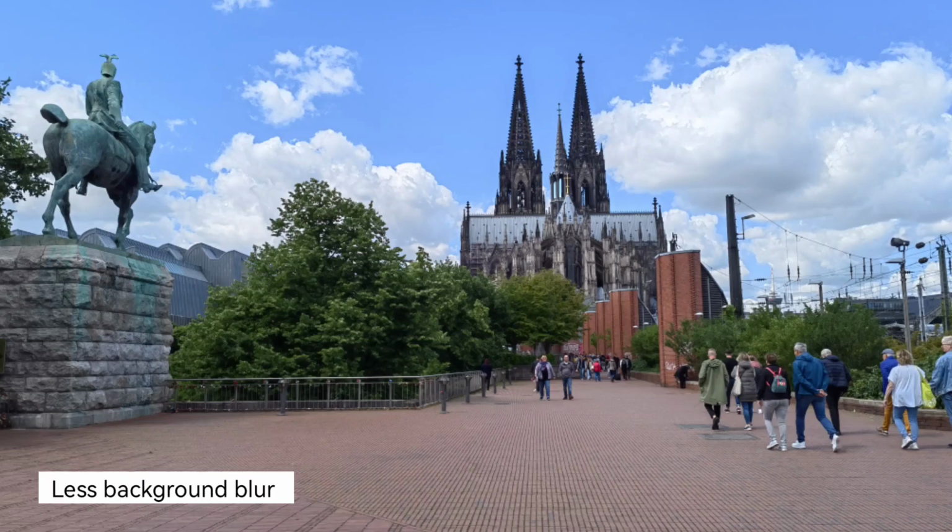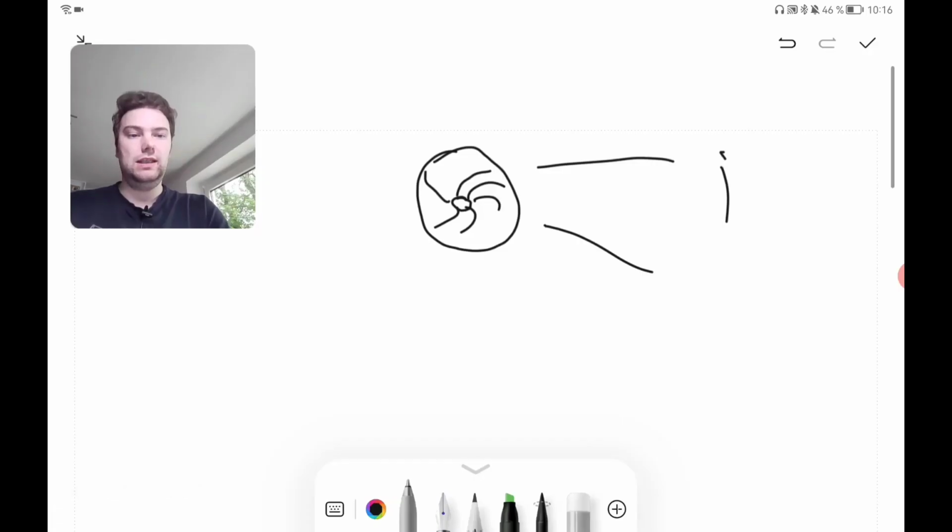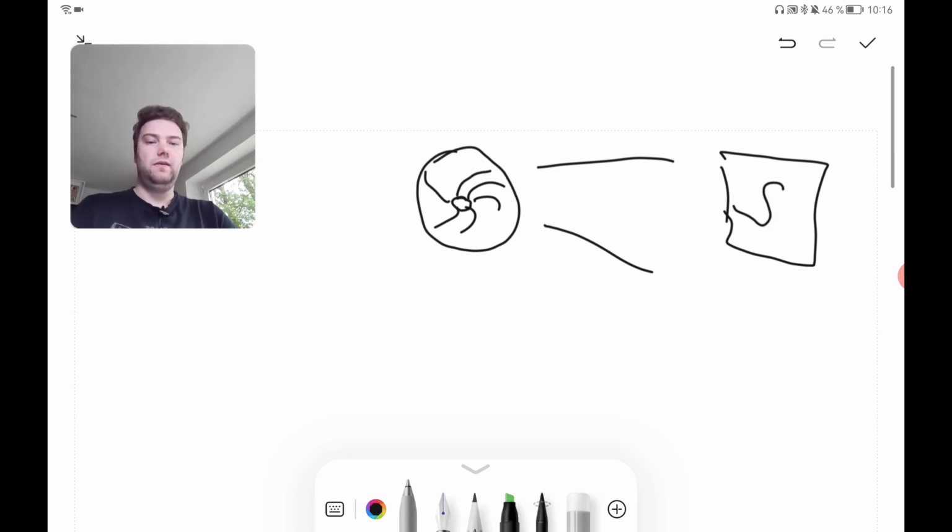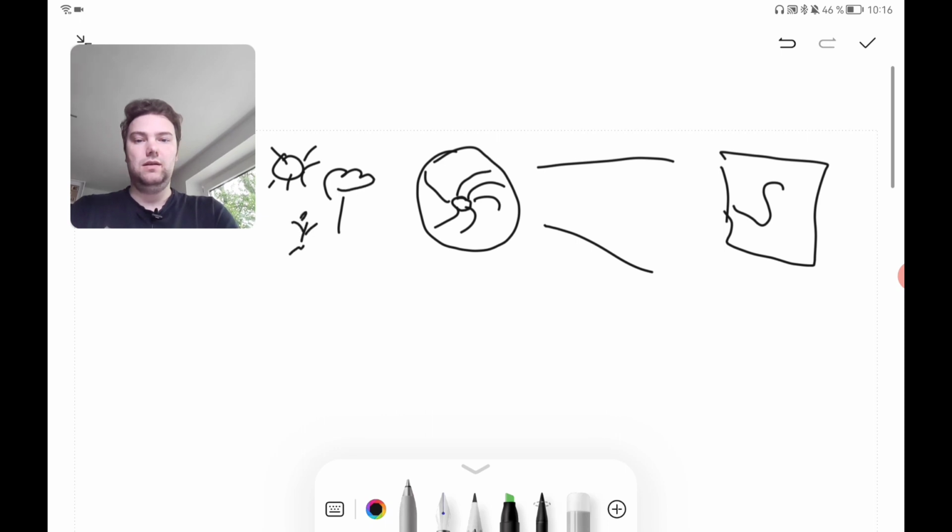Here I have a sensor, a big sensor, might be APS-C, might be full frame, doesn't really matter. Let's call it full frame in this case, and I take a photo of the sun, and maybe a tree and a person under the tree.